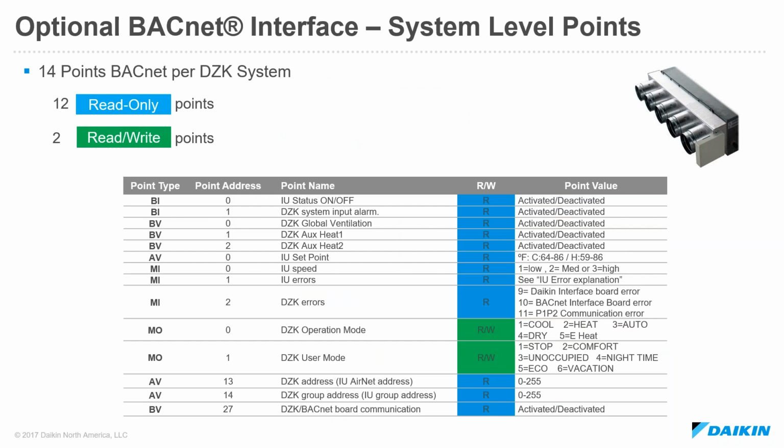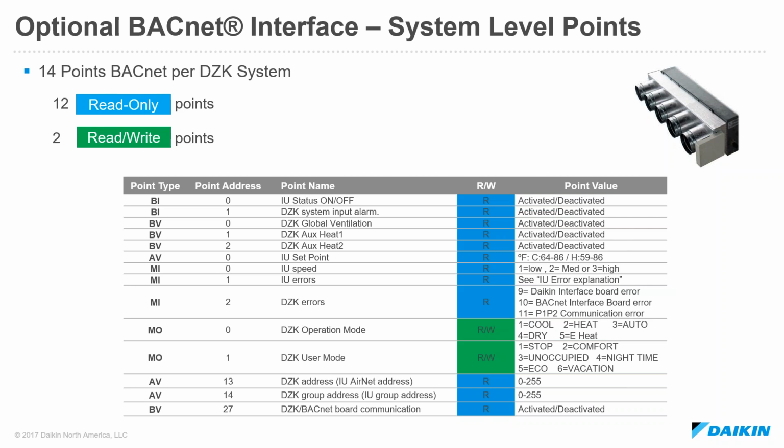I just want to point out the availability of options for the DZK BACnet card. At a system level, there are 14 different BACnet points per DZK system. 12 of those are read-only, 2 of them are read-write points, but you are essentially monitoring system-level operation, whether the indoor unit is on or off, whether the global ventilation setting that we talked about is active or deactive, whether system auxiliary heat is active or deactive.